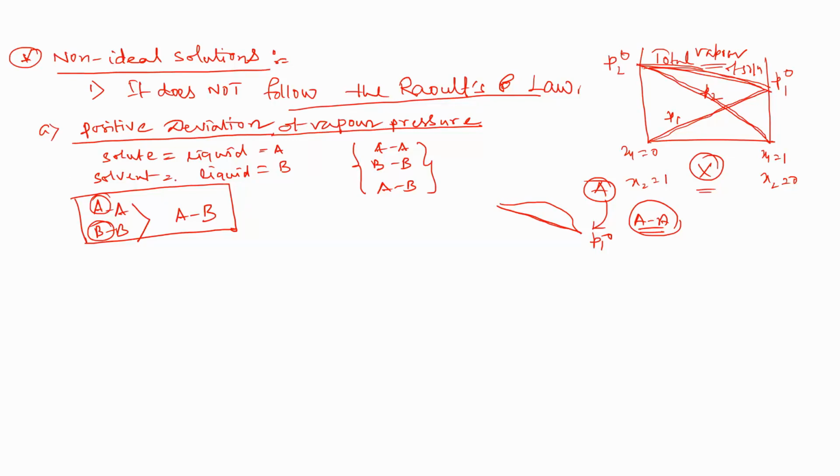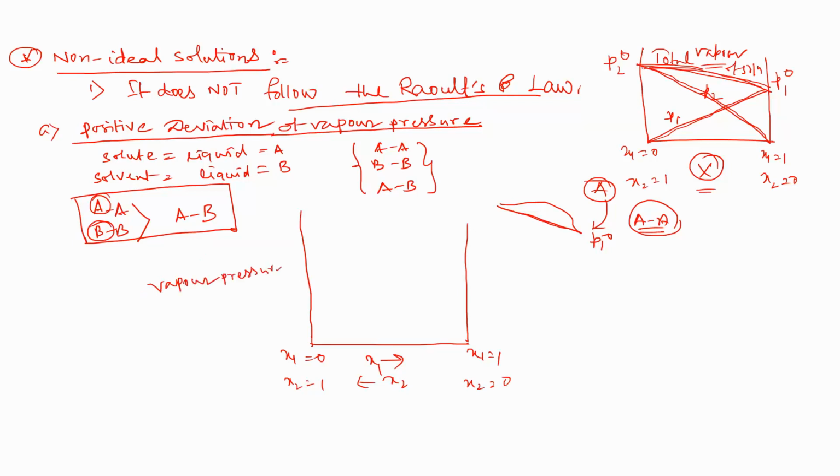So for the positive deviation case, what will the curve be? The curve will be like that. This one is x1 equal to 0, x1 equal to 1, x2 equal to 1, x2 equal to 0. So x1 is increasing here and x2 is increasing here. This is the vapor pressure curve. This is P1⁰ and this is P2⁰.